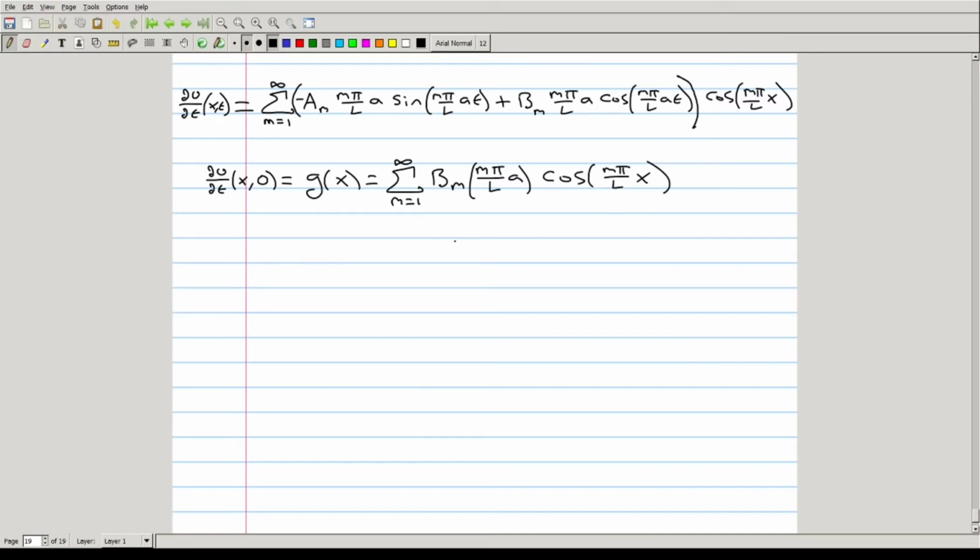And this is of the form of the Fourier cosine expansion for the function g of x.